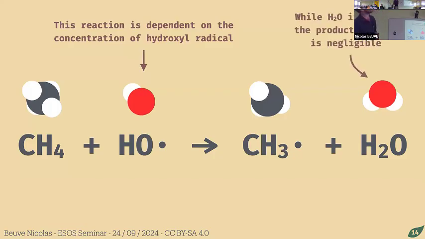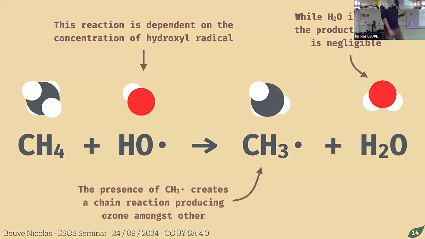And it also emits H2O, so water, which is a greenhouse gas, although this one is negligible because there is too much water in the atmosphere anyway, so the water we emit as humans is negligible compared to that.